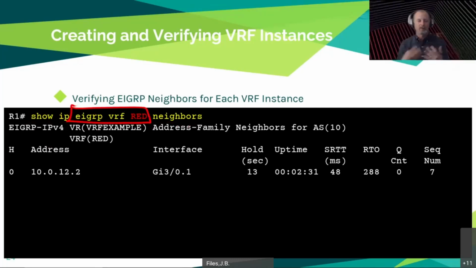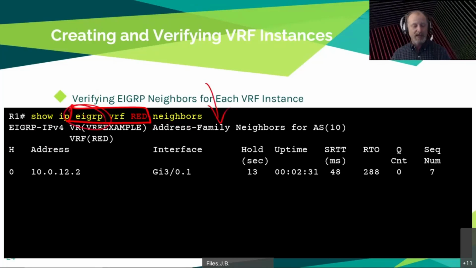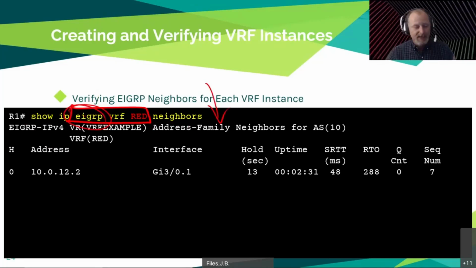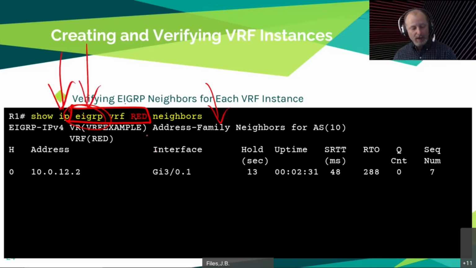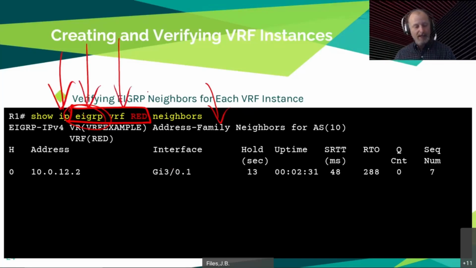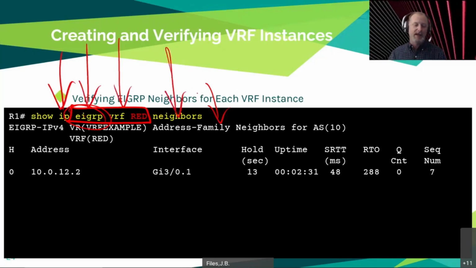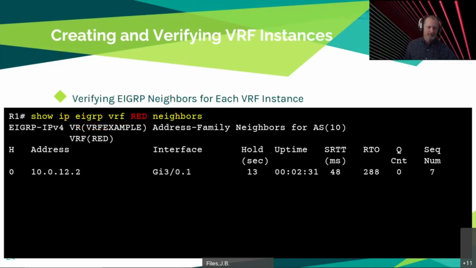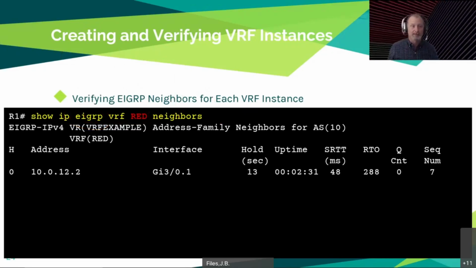Hopefully pointing that out will help you remember that it doesn't go over here at the end. It's attached to EIGRP. It's like you're going from big to small, right? The layer 3 protocol, the routing protocol, then which routing table, and then the specific command, the neighbors part. So the scope is getting smaller as you progress through the command.